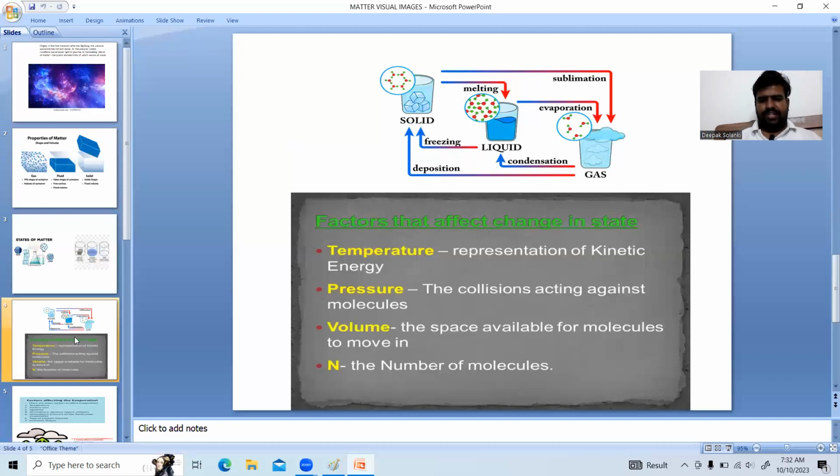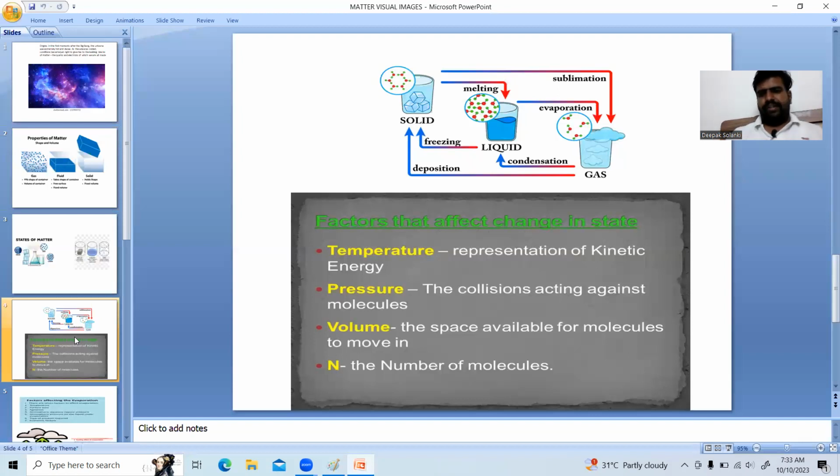Now, what are the factors that affect the change in state? First of all, temperature. If we increase the temperature, the kinetic energy of molecules increases, therefore the force of attraction is overcome and a change of state takes place. Second is pressure: the collisions acting between molecules. The more collisions between the molecules, the more the change will take place in the state. Third is volume, the space available for molecules to move in.